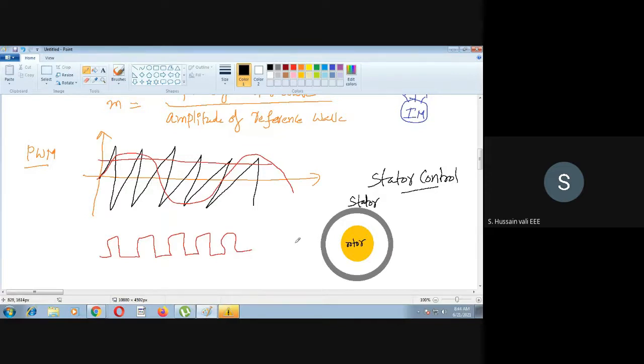I hope you know the operation of this induction motor. So you give the supply here. Generally, it is a single excited machine. So you give the supply here.